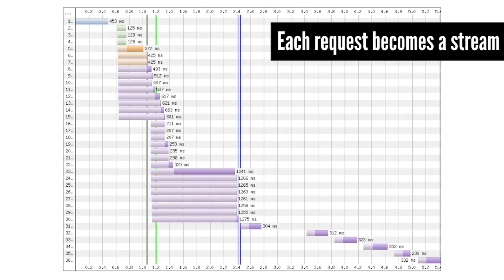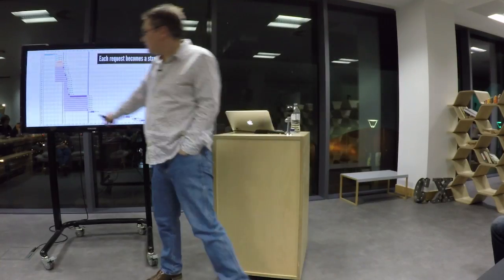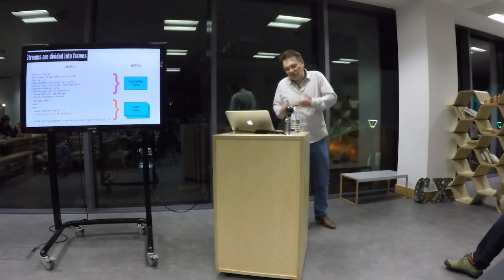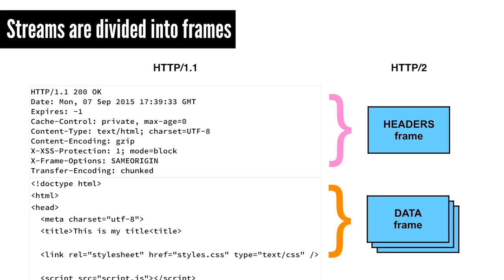And this is a waterfall from WebPageTest. Looks pretty much like an HTTP 1.1 waterfall. What you might notice is these blocks here are quite long. And if you're used to reading an HTTP 1.1 waterfall, you might look suspiciously at them. It takes a while to get used to them. But each request becomes a stream across our connection. And streams are divided into frames.